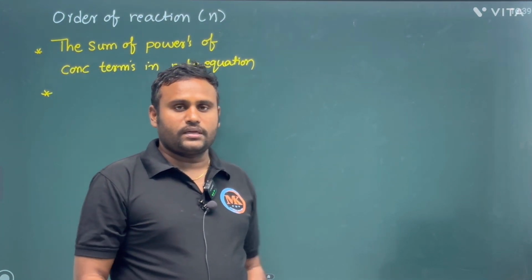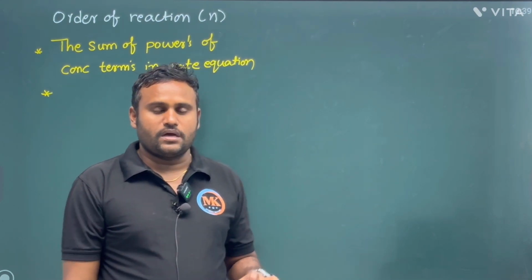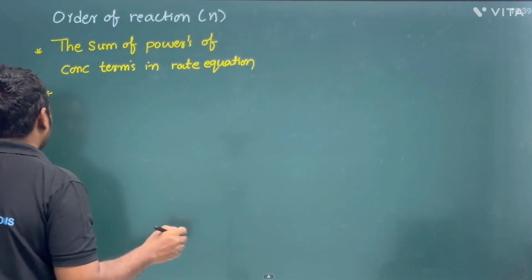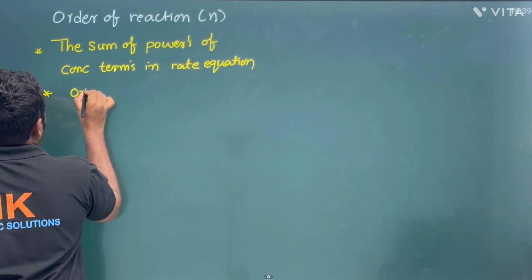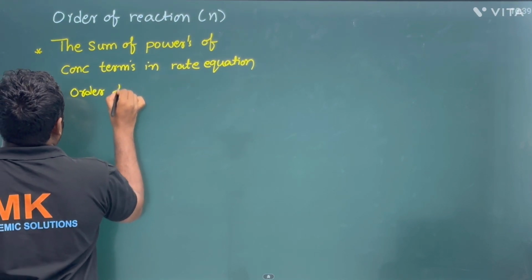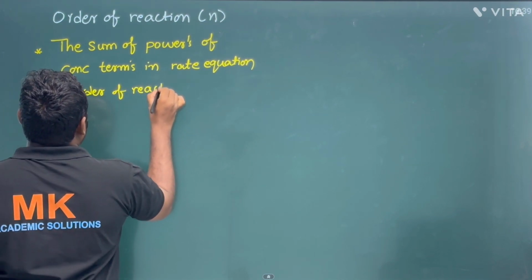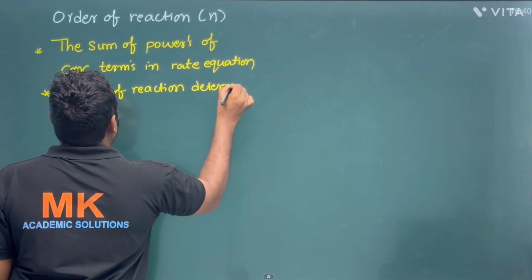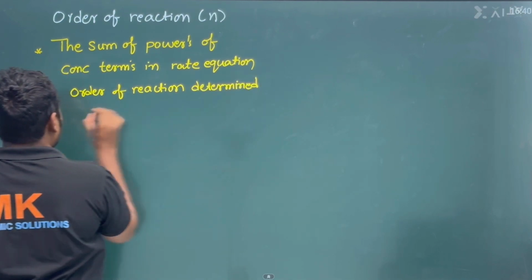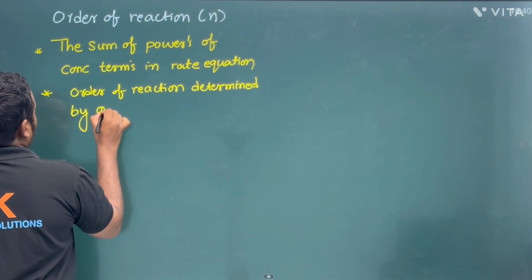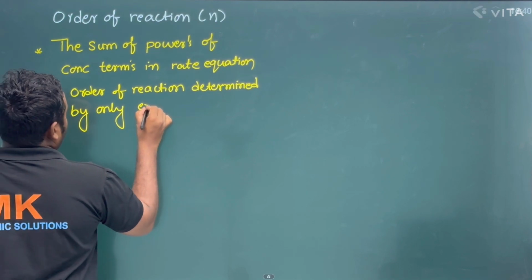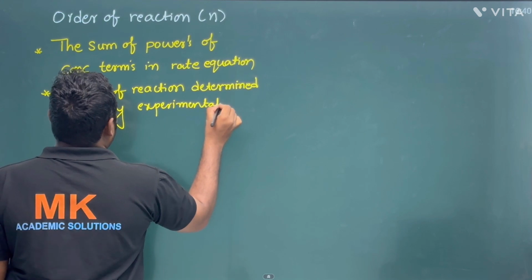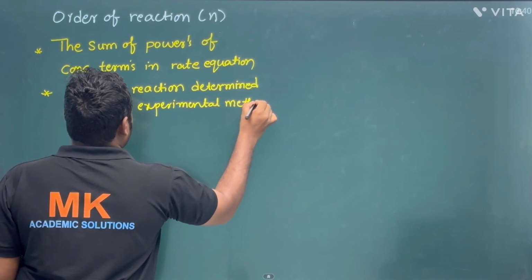Here, order of reaction is always determined experimentally only. There is no theoretical method to determine the order of reaction; we only determine it by using experimental methods.